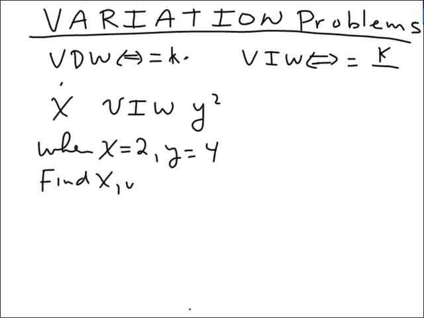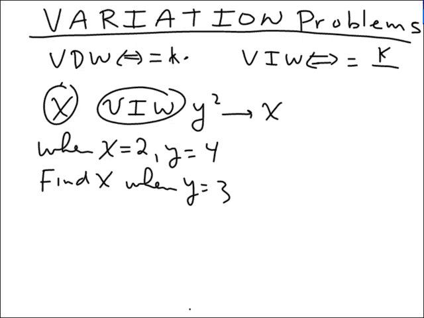Find x when y equals 3. So, the first one, x is x. Varies inversely with means equals k over, and y squared is what k is over.